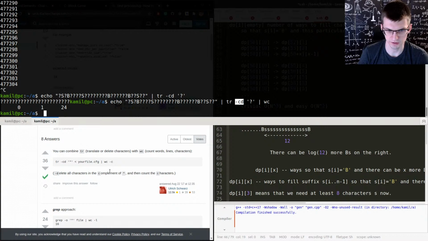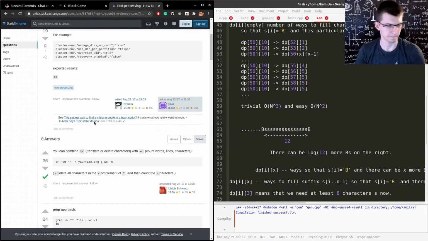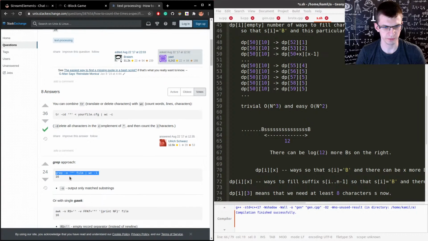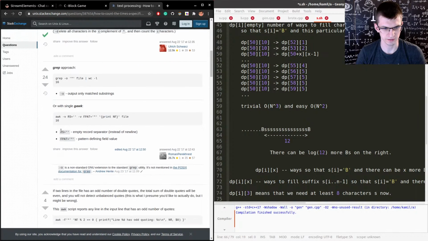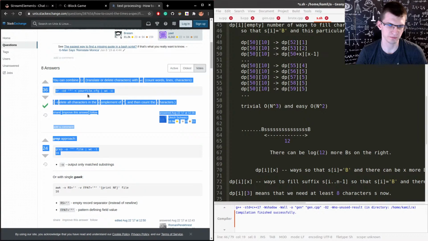C complements, d deletes. Nice. All right. I don't know if I will remember that. And there's also grep, but I never remember how to use it. I always Google it. I hoped for some other simple approach. Both seem fine.